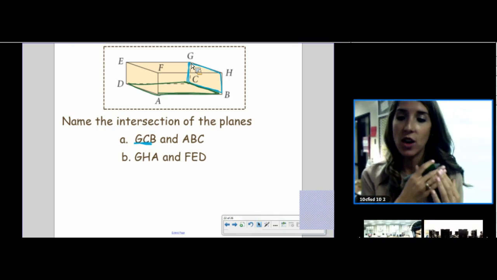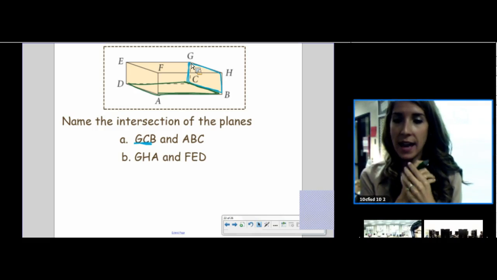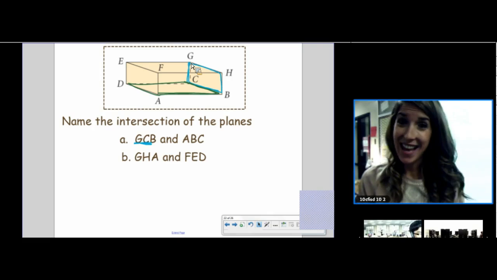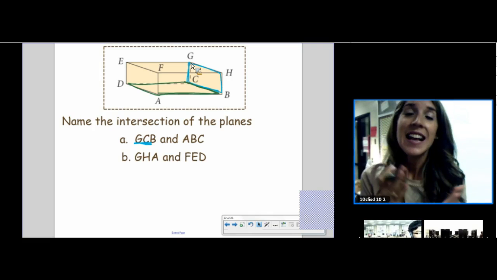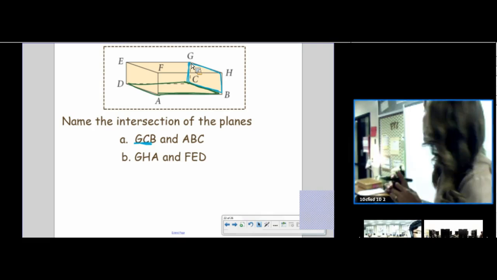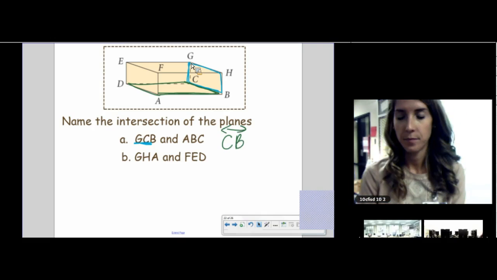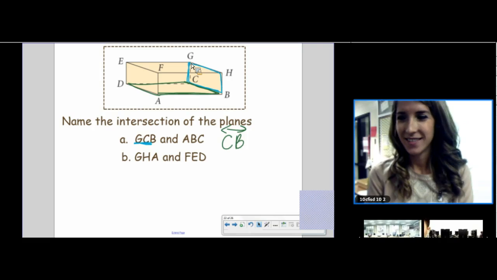What points do they have in common? So what is the intersection of those two planes? Well, our postulates say if two planes intersect, they intersect in exactly one line. So you should be naming a line, and the name of that line is CB. Hopefully you got that.